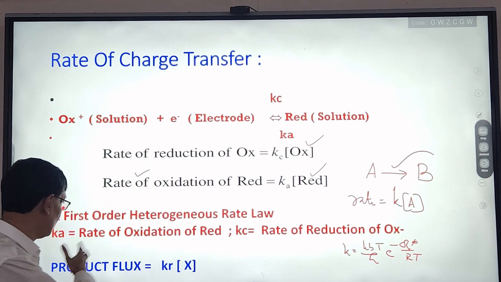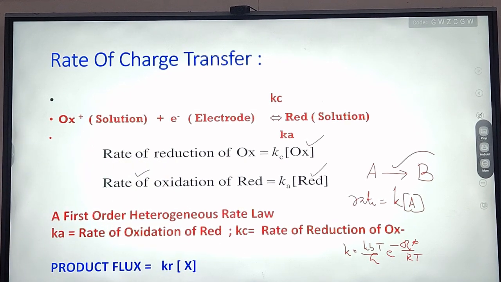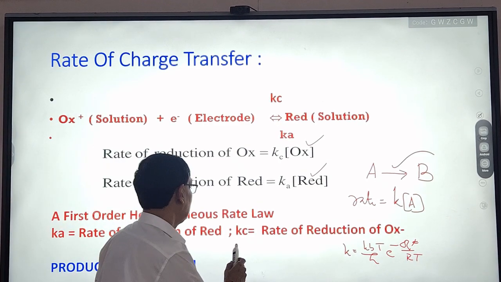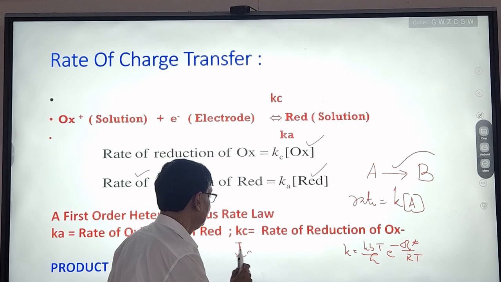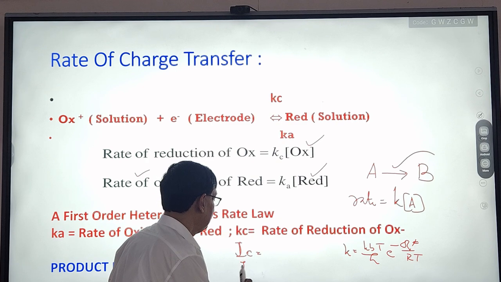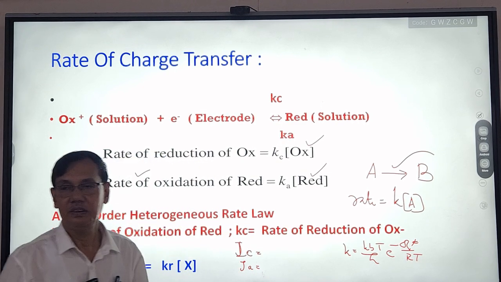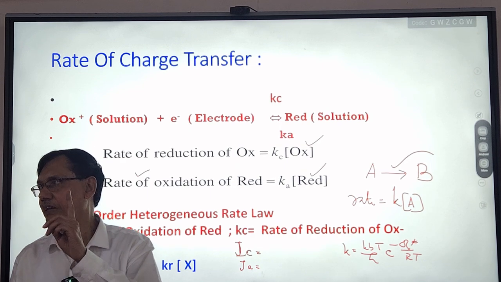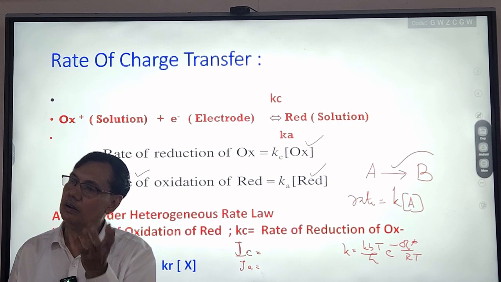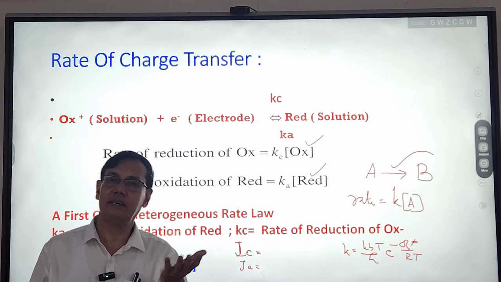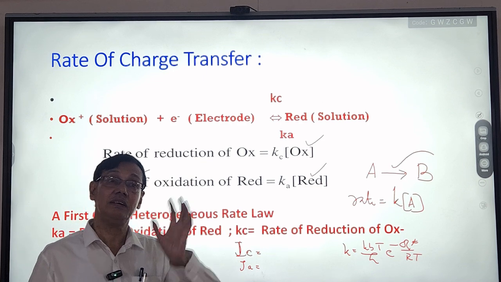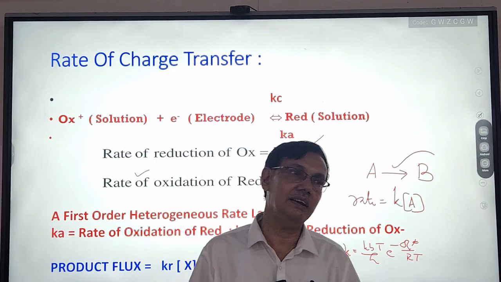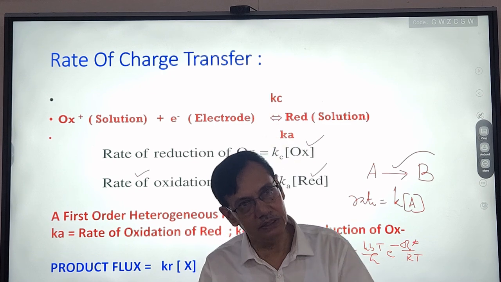And fortunately there is a formula that if I want to calculate, in place of rate, मान लो मैं यहाँ पे लिख रहा हूँ IC, sorry, we are using JC and JA. आप अच्छे से समझ जाओ. हम रेट ऑफ रिएक्शन की जगह में यहाँ पे, एनोडिक करंट का मतलब ये होता है ना, रेट ऑफ ऑक्सीडेशन, रेट ऑफ रिडक्शन, रेट ऑफ फ्लो ऑफ इलेक्ट्रॉन्स एंड अदर थिंग्स. But here we are playing with the Faraday, number of electron change, potential and other things.